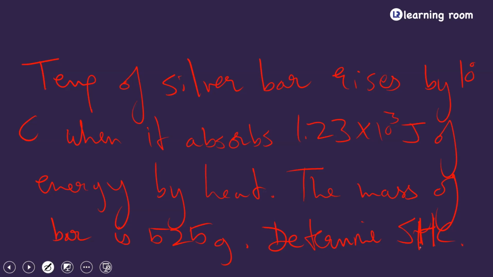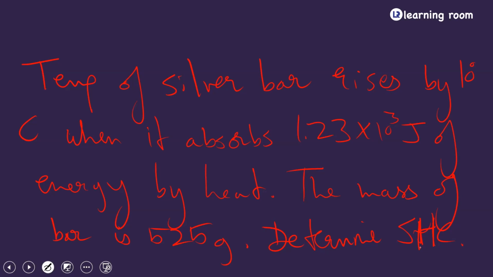Are you able to solve this? Yes, correct. Okay, so theta 1 and theta 2 are your final and initial temperature. Do you know your final and initial temperature here? Hello, can you hear me? Okay, so just note down this question.